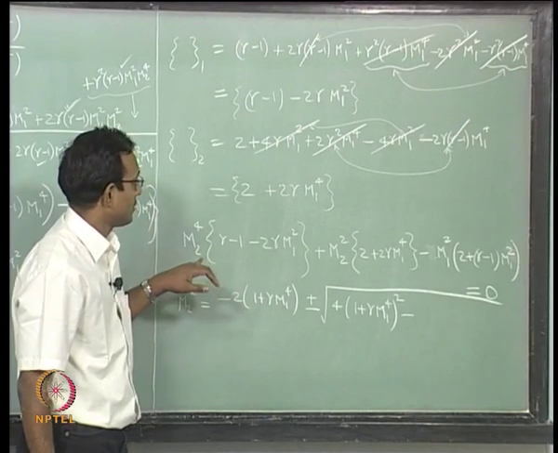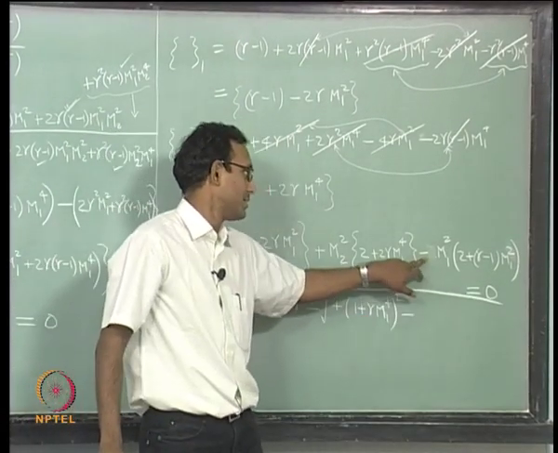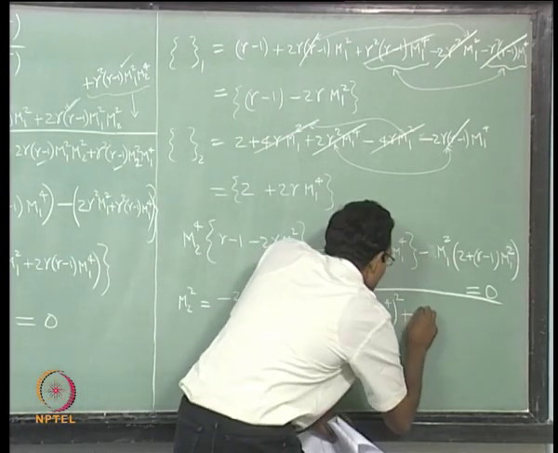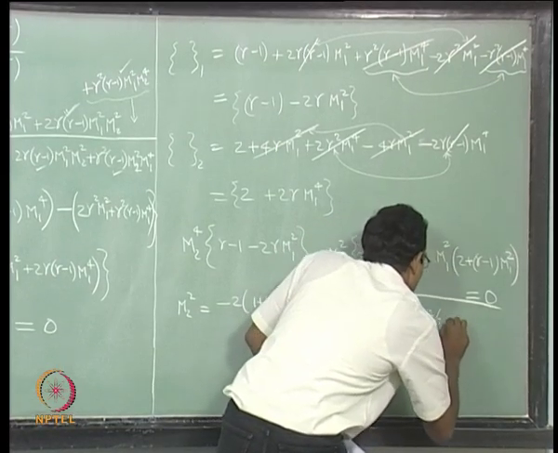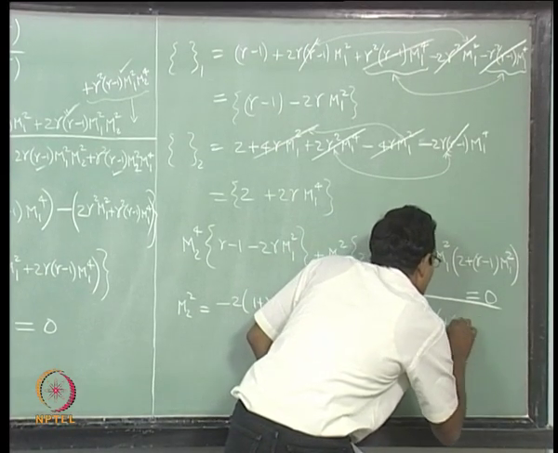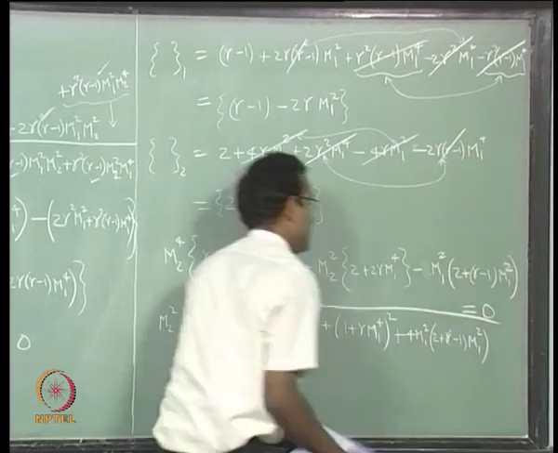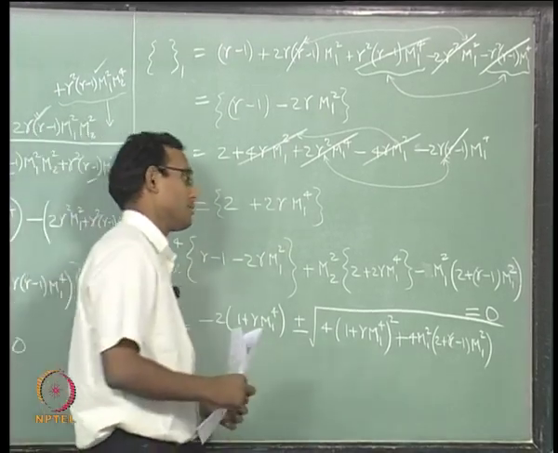So, if I look at 4 times this into this with a minus sign, there is a minus sign here, they will go away and it will become plus, put plus 4 m 1 square into 2 plus gamma minus 1 m 1 square, this thing multiplied by the first coefficient gamma minus 1 minus 2 gamma m 1 square.